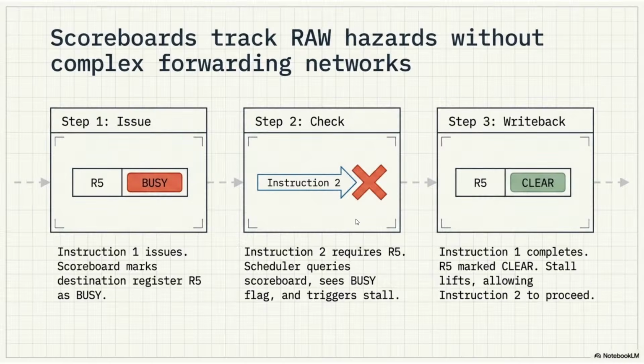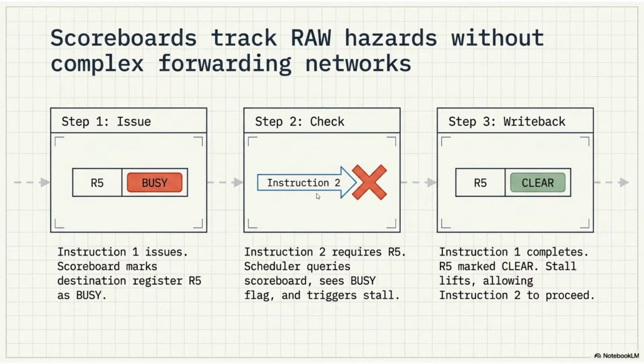What it does is it issues the register that is in use. For example, it issues R5 as the destination register. So it simply marks R5 as busy. And then it keeps on checking for R5.